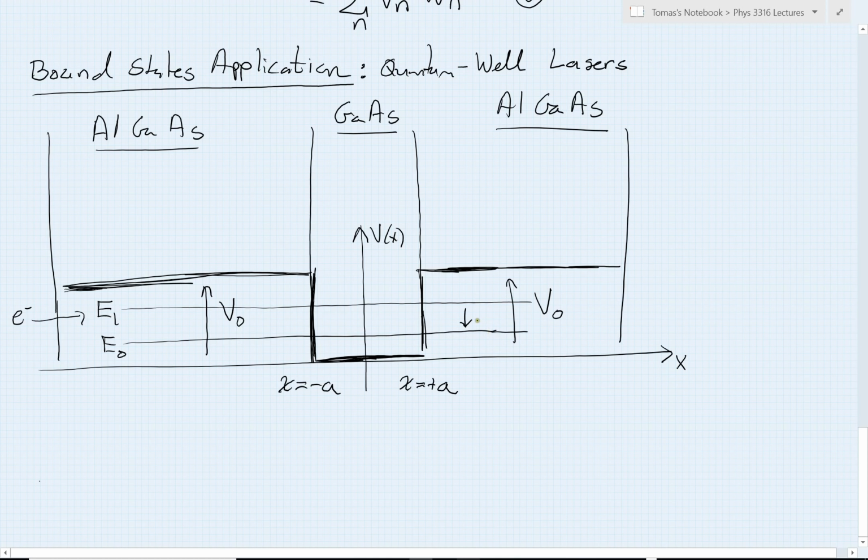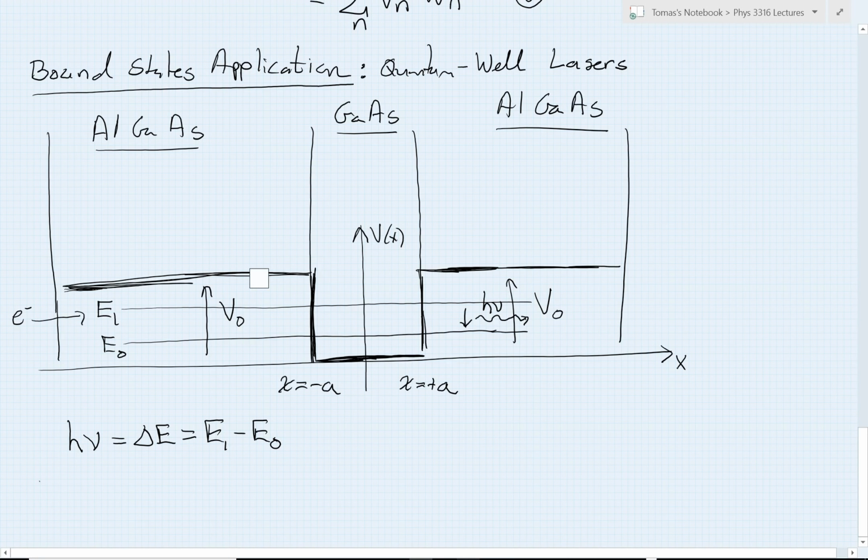And when that transition occurs, then we know photons will be emitted as the electrons give off their energy. And that photon energy has to match the change in the energy of the electrons, which would then equal this E1 minus E0.